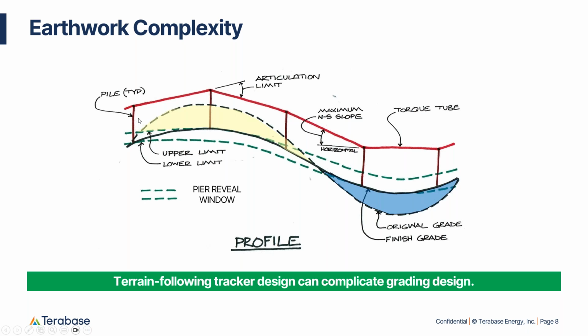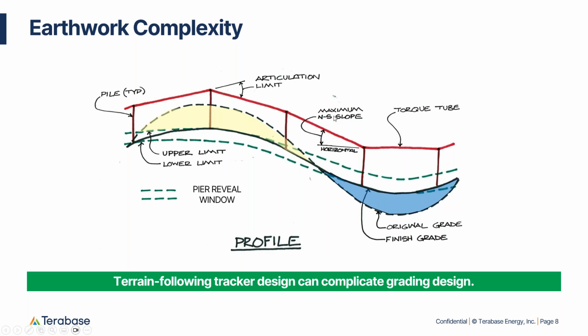And this height can vary by the pier reveal window, which is the dimension between the dashed green lines on this diagram. And as pier reveal increases, the required volume of earthwork will decrease. And of course, this can actually increase the amount of steel because we would be getting longer piles.